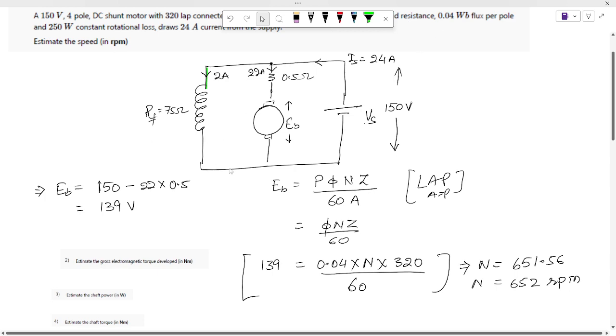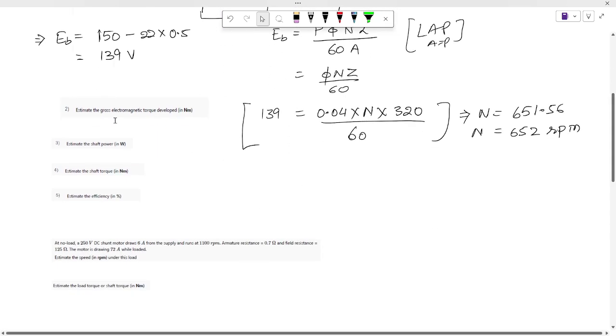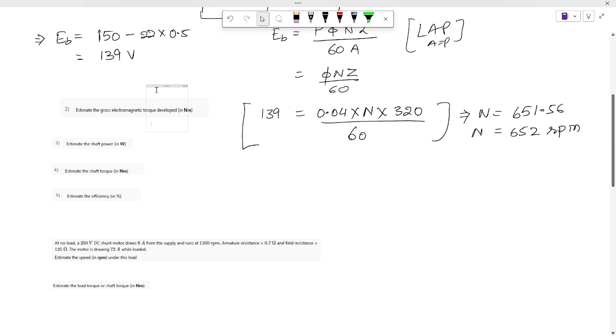Now they are asking to estimate the gross torque. Sir, we can apply the torque formula, electromagnetic torque. Yes, how will you apply?